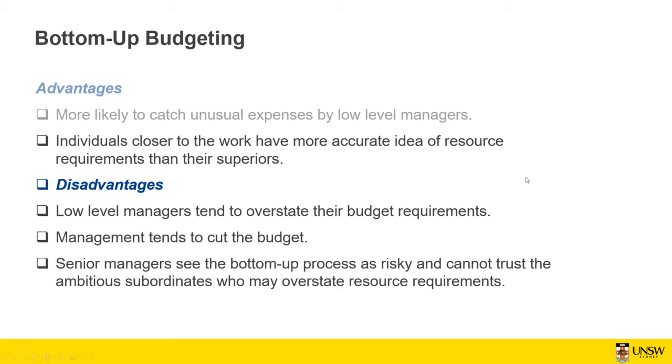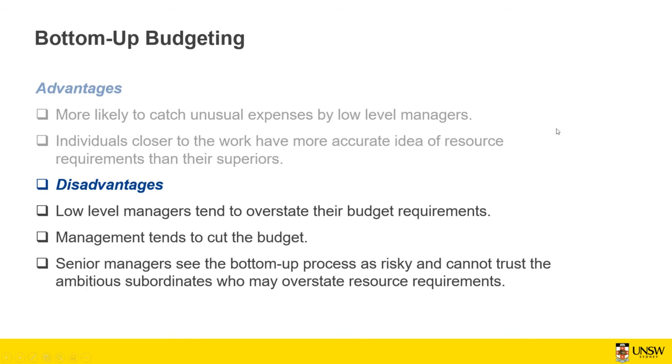Individuals closer to the work have a more accurate idea of resource requirements than their superiors. That is correct. So maybe the manager, the last time he did detailed budgeting, was a few years ago, so they're not up to date in terms of the cost. So the low-level managers or team members can have a better estimation of the cost involved for each work package.